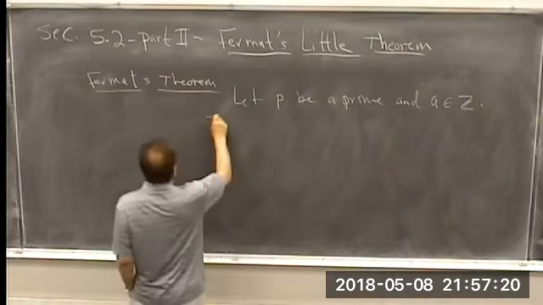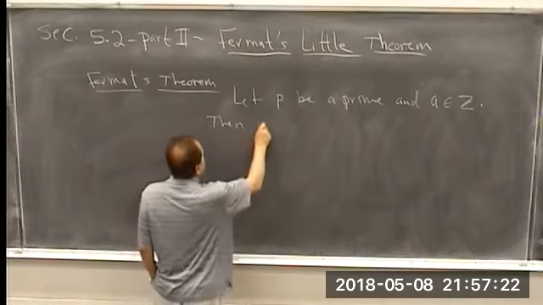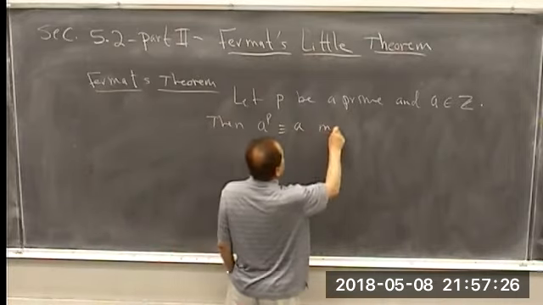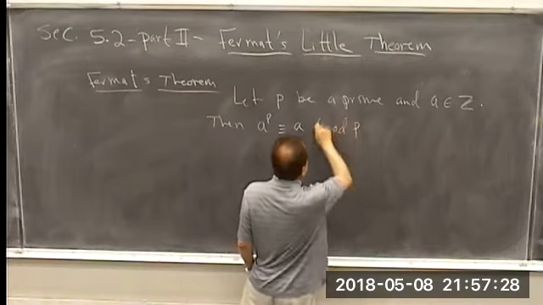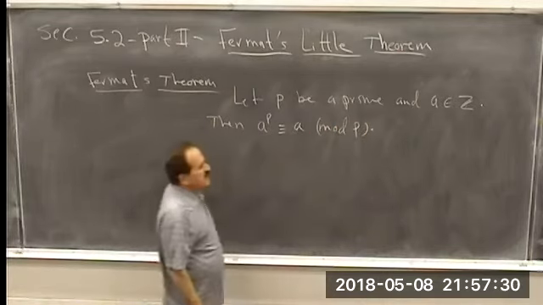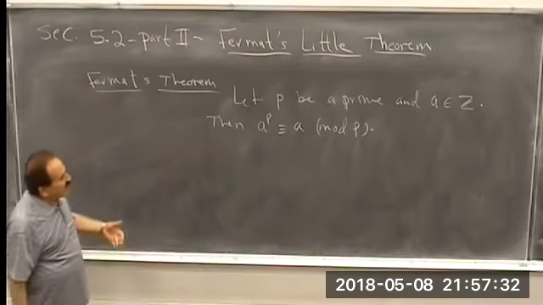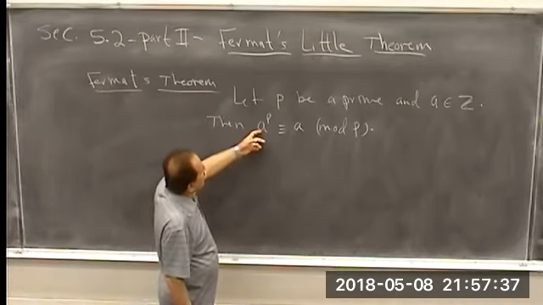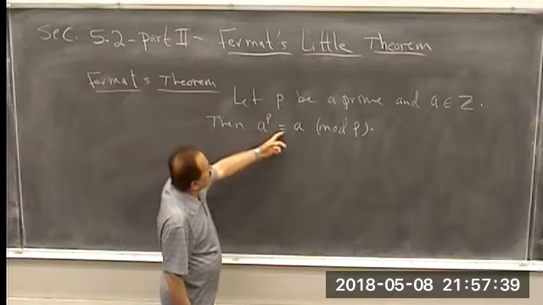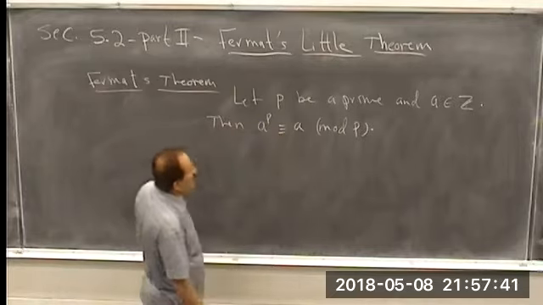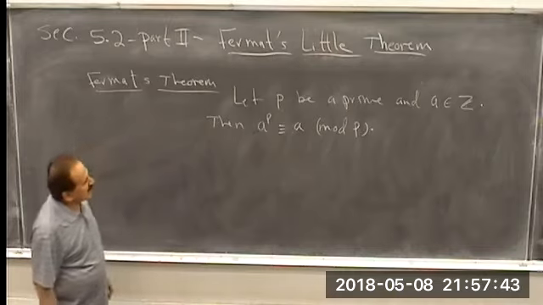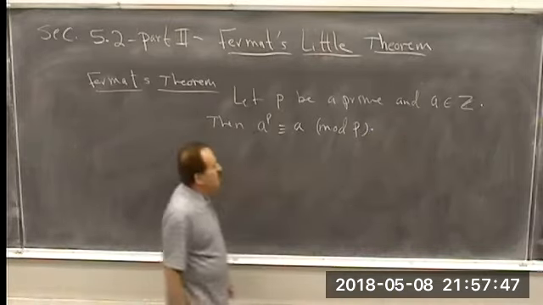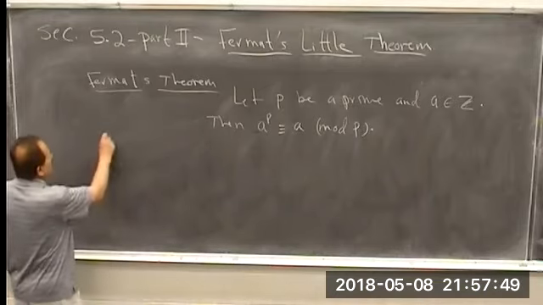Then a to the p is congruent to a mod p. Remember, there are two formulations of Fermat's theorem. One: when a is relatively prime to p, then a to the p minus 1 is congruent to 1 mod p. And another one, which is true for any integer a. All right, here's the proof.